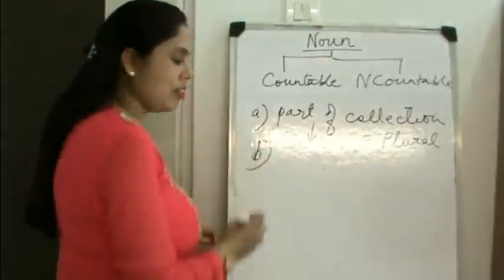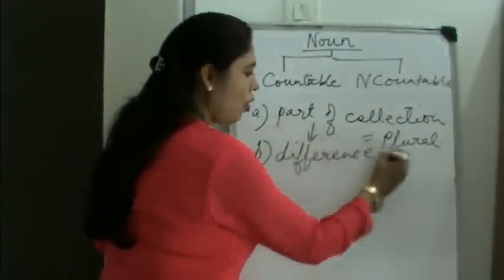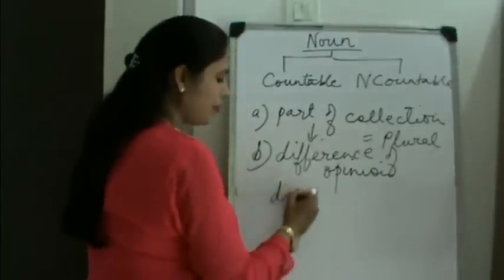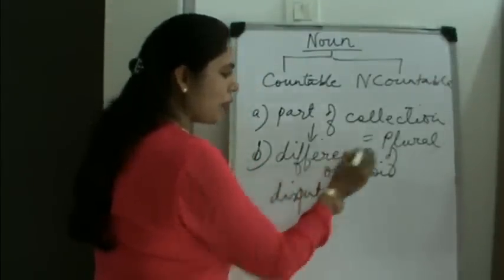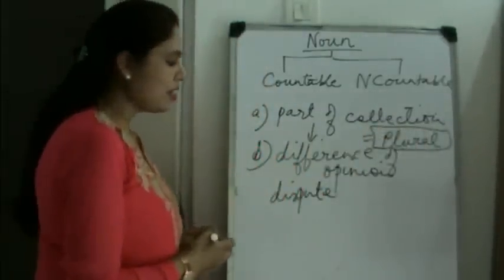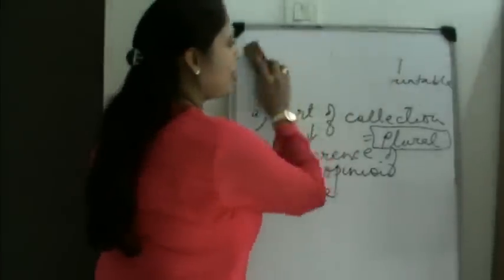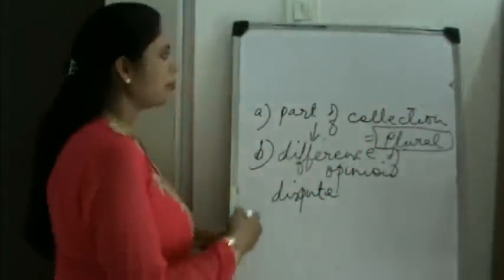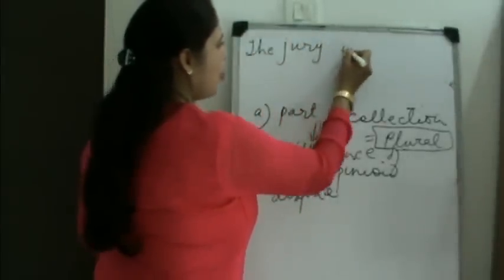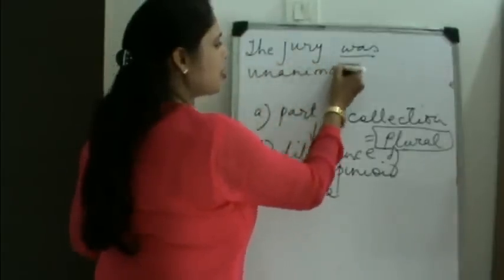And the second exception is when I talk about a difference of opinion or dispute within the collection, then also I make use of it as plural. Let's look at this example. This example will illustrate everything in fact. I say that the jury was unanimous in its decision.